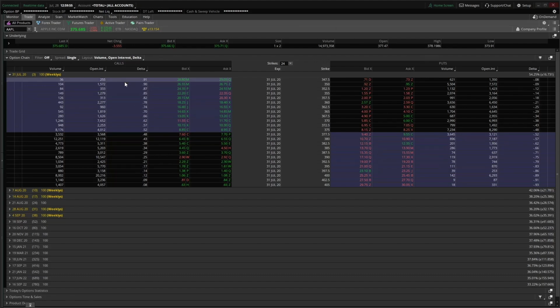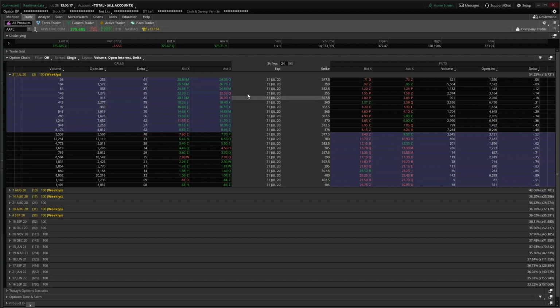When we're talking about calls that are in the money, the stock price is above the strike price. So Apple trading at 375.68 means that Apple 370 strikes, Apple 360 strikes are in the money. They are worth more because of the outcome of them staying in the money is much higher, so you have to pay a premium for that bet.